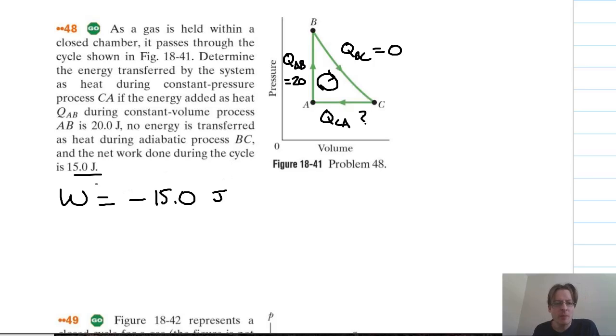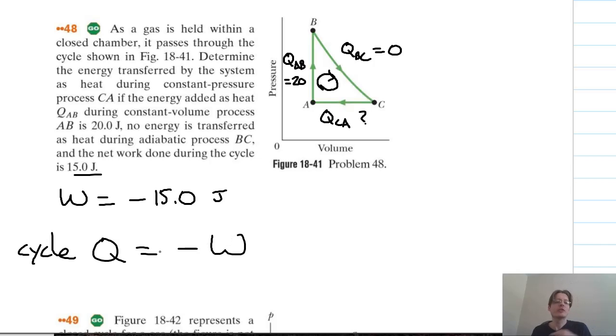Okay, so it's a cycle. So because of that, the change in energy is 0. In other words, Q is equal to minus W as the net effect of the cycle. This is how we'll find Q on the unknown leg, because I know the total W and I know the other two values for Q, so I can figure out the third one.